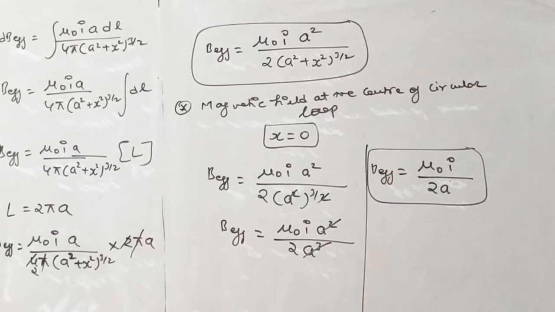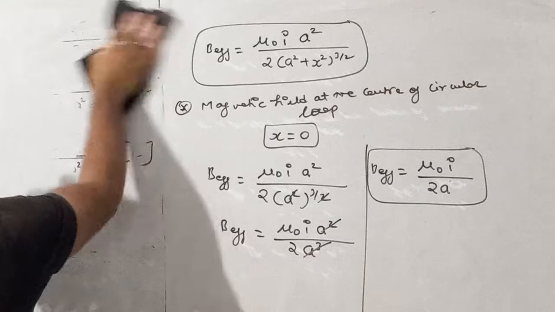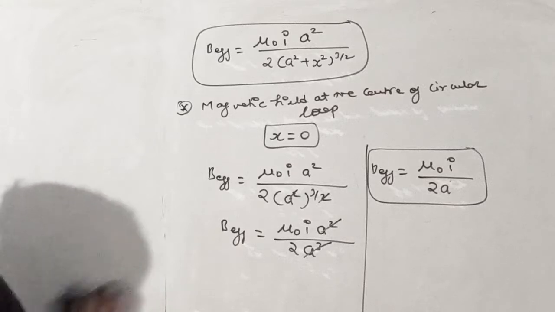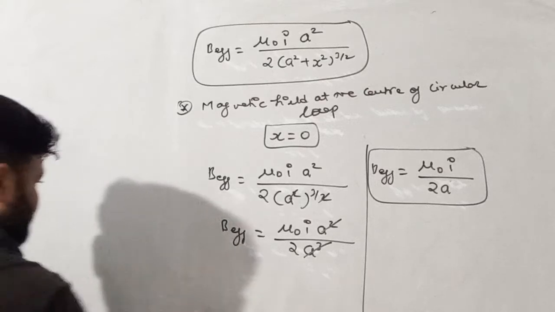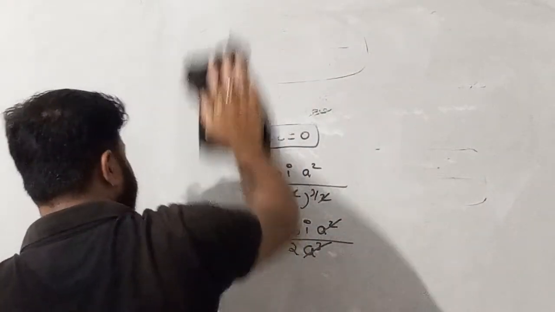Now see the direction of magnetic field. Write down, direction of magnetic field due to current carrying circular loop on its axis.